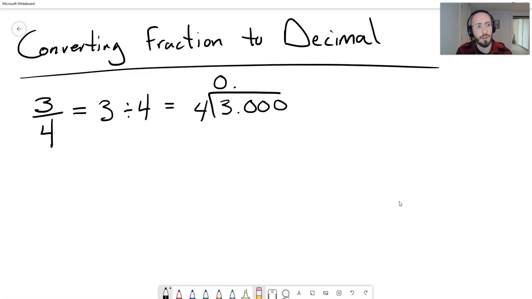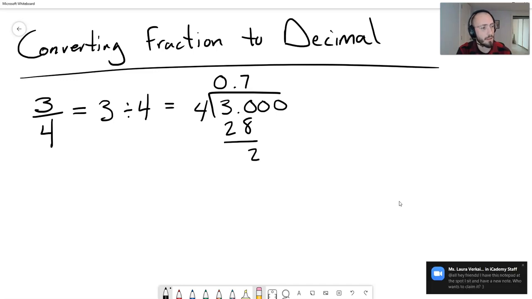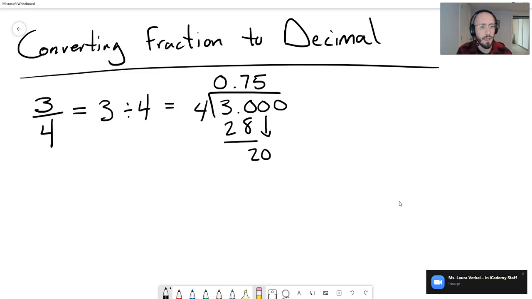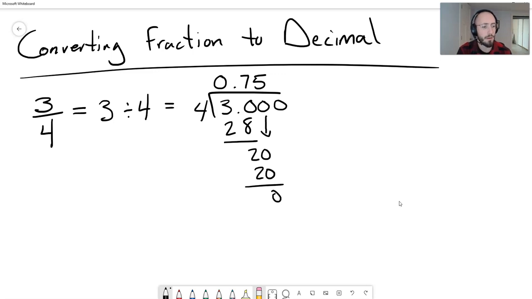So 4 goes into 30 7 times. 7 times 4 is 28. We're going to ignore this decimal point for now and say 30 minus 28 is equal to 2. Then, just like regular long division, we bring down this 0, and we're left with 20. 4 goes into 20 exactly 5 times, and that gives us a remainder of 0.